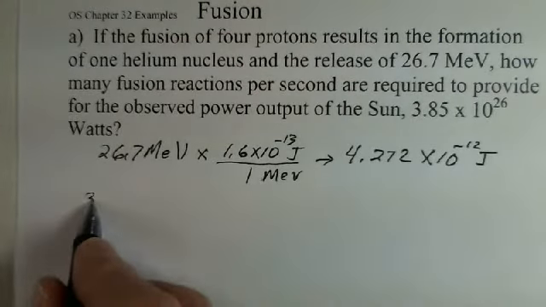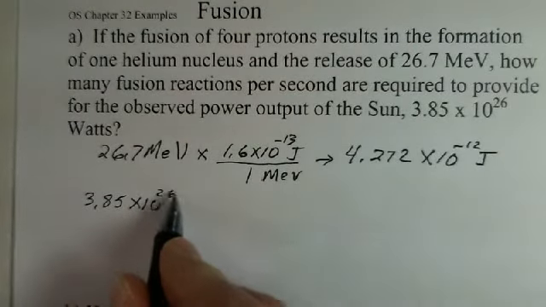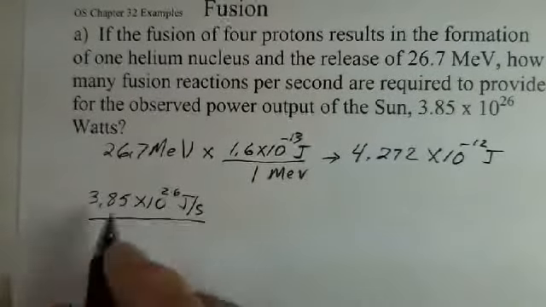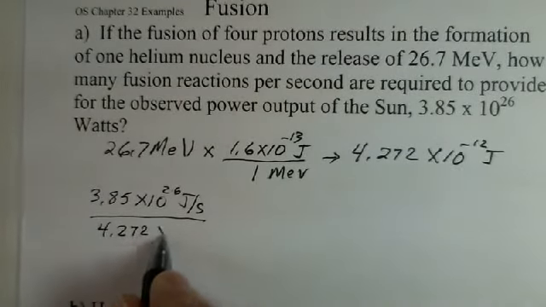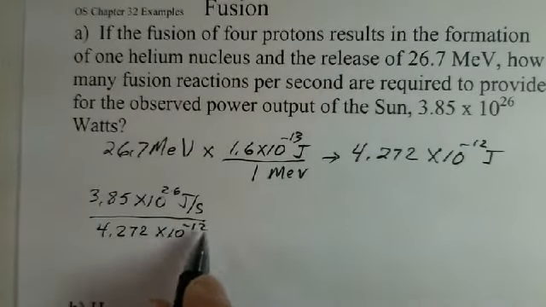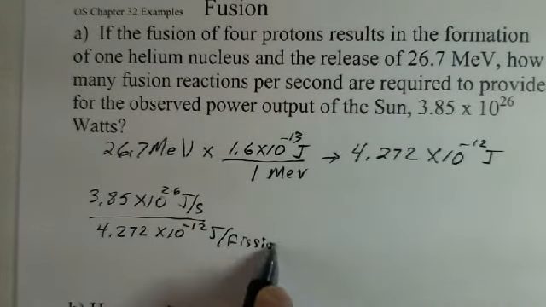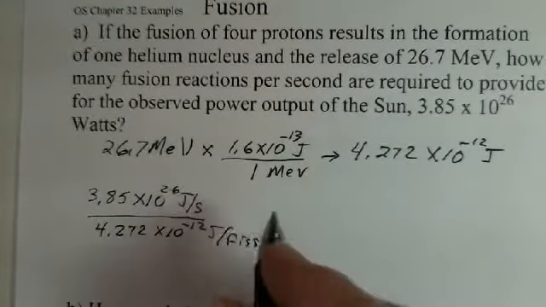This 3.85 times 10 to the 26 joules per second, and we have available 4.272 times 10 to the minus 12 joules per fusion. So the joules will cancel here, and we'll have fusions per second.